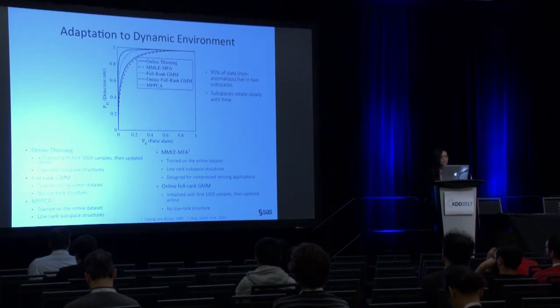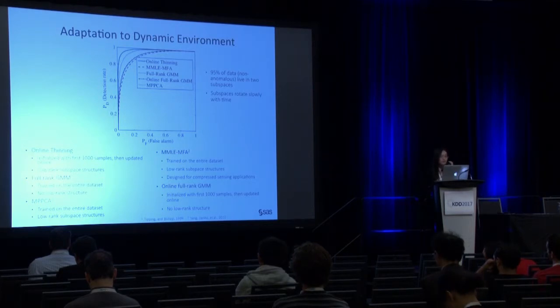And we compare it with two full-rank Gaussian methods. One is just a classic batch-based Gaussian: you get all the data and train a Gaussian mixture model on it. And the other is an online Gaussian, where we initialize with the first 1,000 samples and then update the model online.